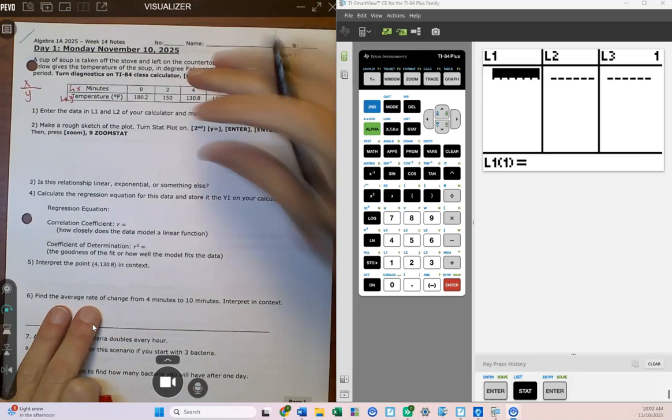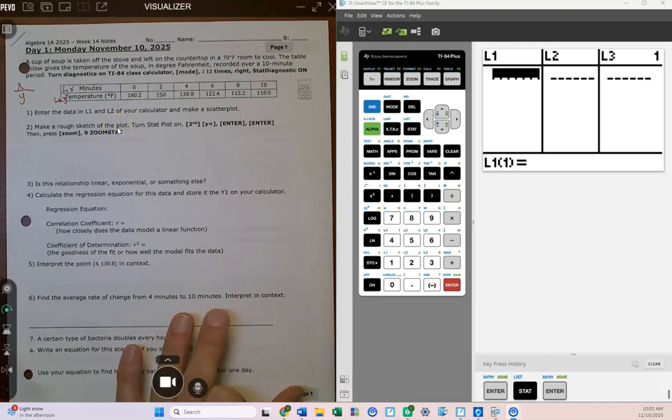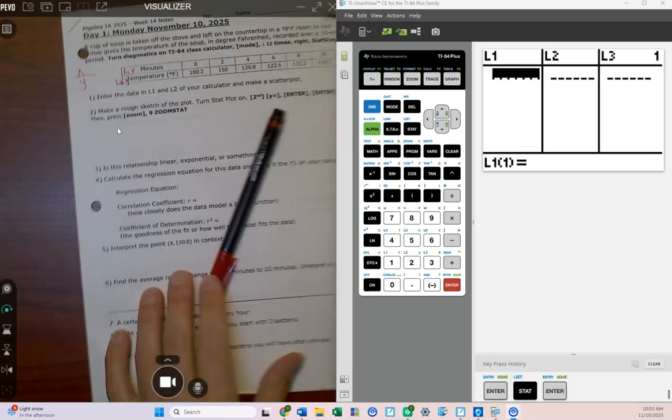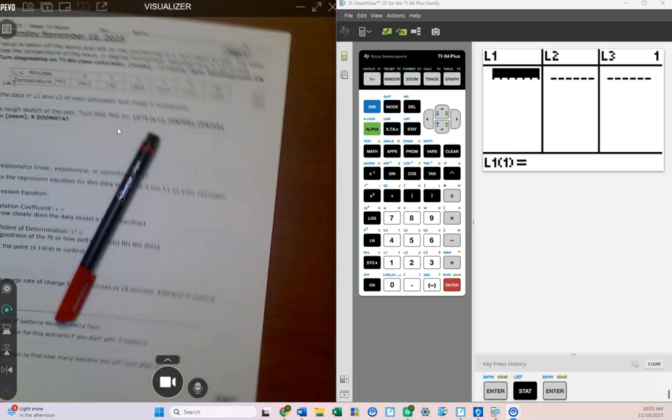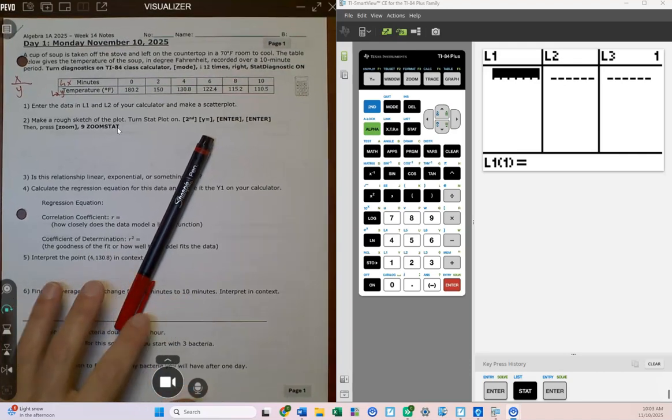Now I know I can't zoom in. It just let me situate myself here. All right. Here we go. All right.